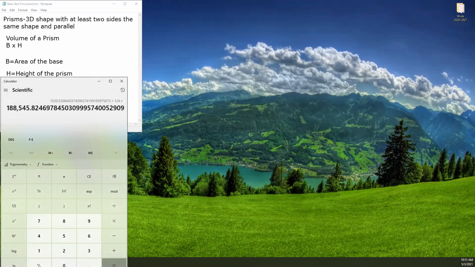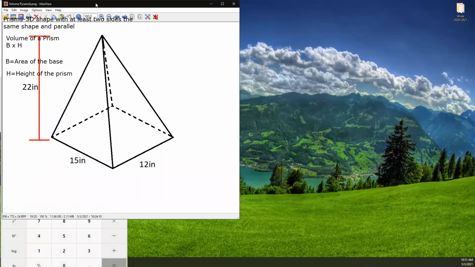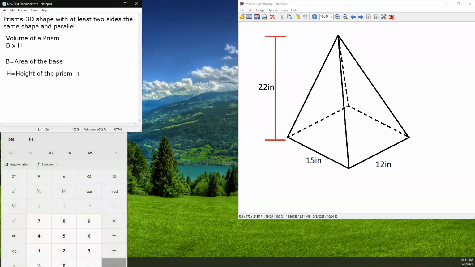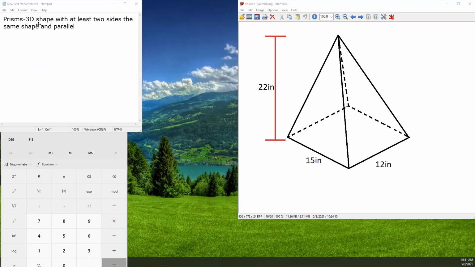We're finally not talking about prisms. We're going to talk about a pyramid. So pyramids, oh, I need annotate, select. No, there we go. So this is a pyramid, right?